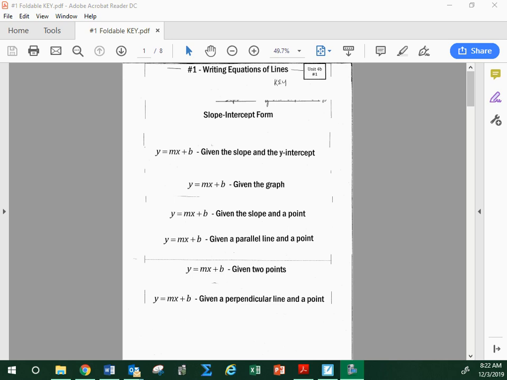Okay, so once you have it folded, you'll assemble it like so. You have writing equations of lines, so it goes green first. So we have green. I know this is not purple, but that's purple. White. Then salmonish color.